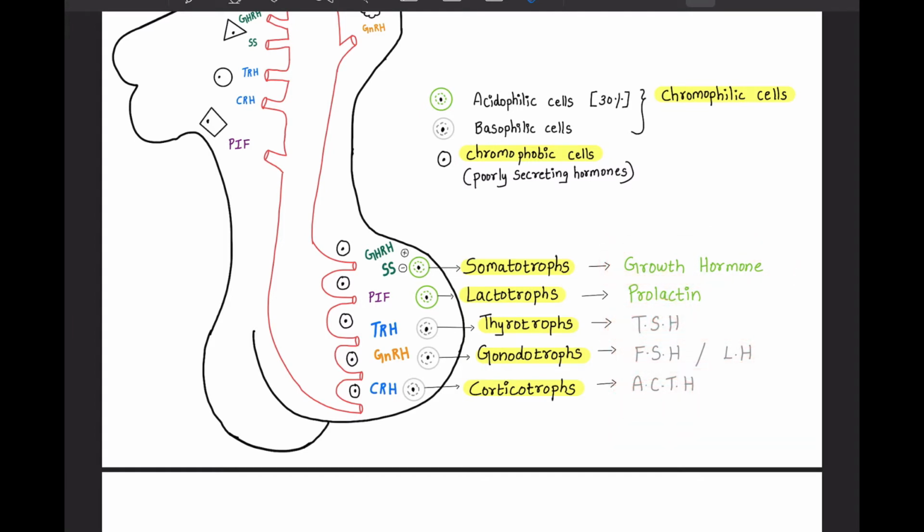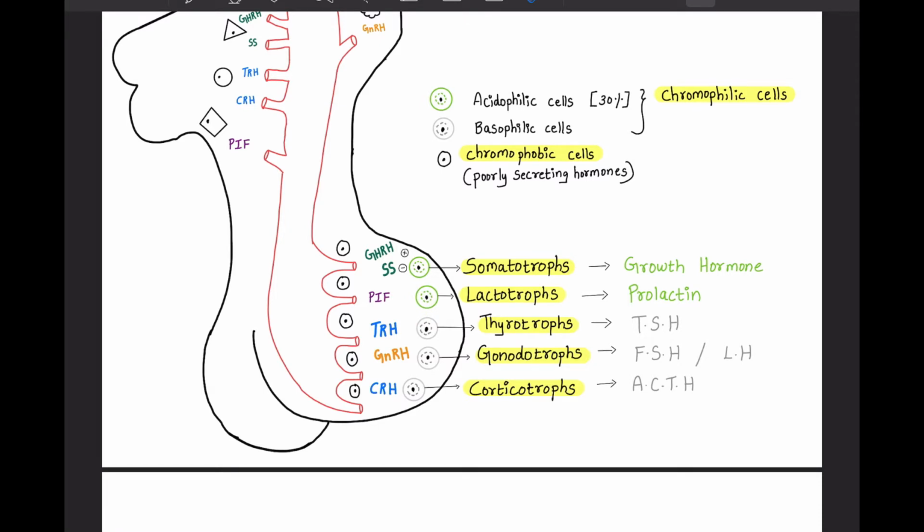During a trauma, there will be deficiency of these hormones except prolactin, because lactotrophs, the acidophil cells, secrete prolactin, but from the hypothalamus you have the prolactin inhibiting factor. It inhibits the secretion of prolactin normally.